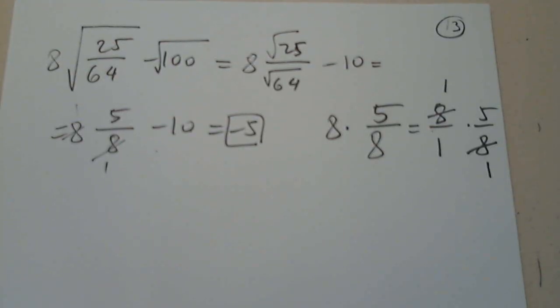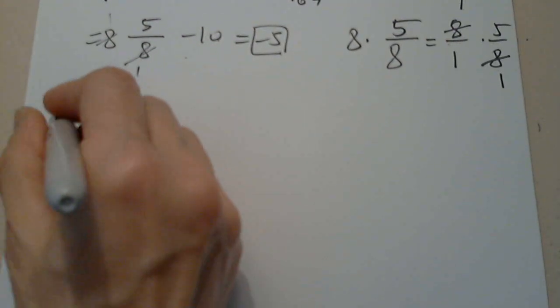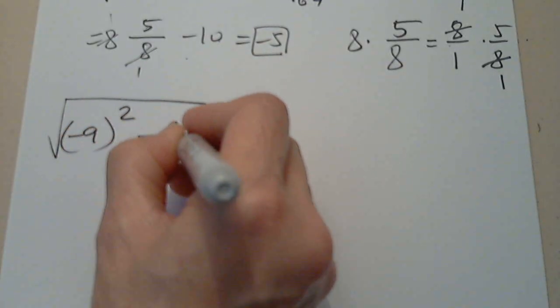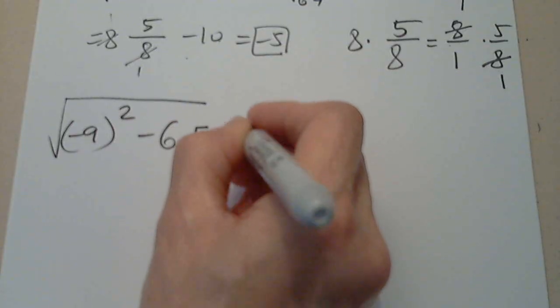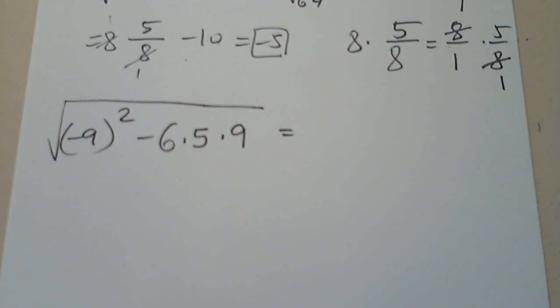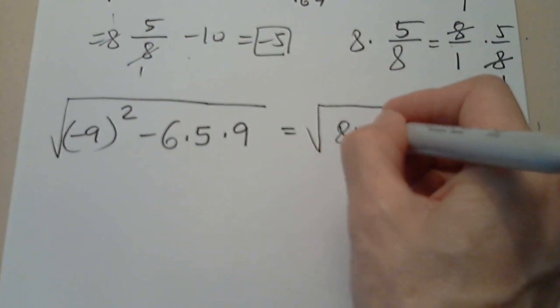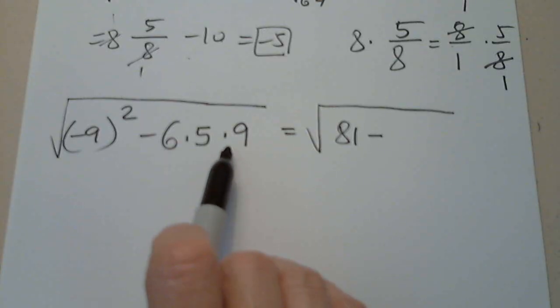Thank you. Perfect. So let's take a look at the square root of negative 9 squared minus 6 times 5 times 9. We're asked to simplify this. Where is my starting point? Exponent or parentheses? Yes, very good. So we have 81 minus. Here you can do whatever you want.